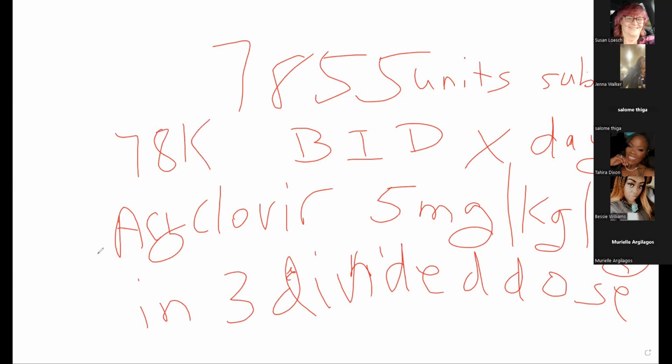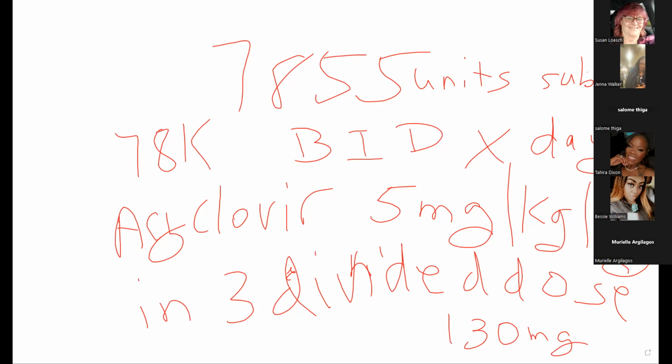So now you're going to take that 78 and multiply times the 5 milligrams per kilogram a day. And then you would get 390. You would divide that by 3, and that gives you 130. So for this person, they would get 130 milligrams every 8 hours, because it's 3 times, right?